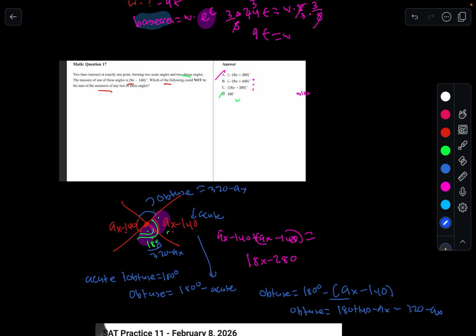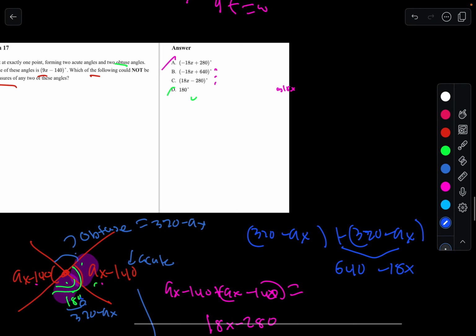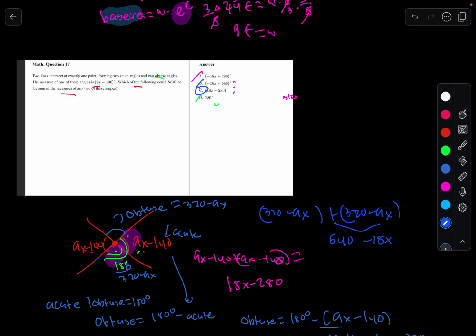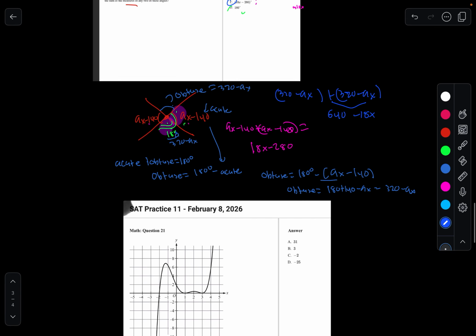We know that this one's also equal to this obtuse angle since they're both vertical angles. So let's add those two up. 320 minus 9x plus 320 minus 9x. That gets us to 640, and adding the like terms, minus 18x, which is this one. So cancel that one, which leaves us with C as the right answer.